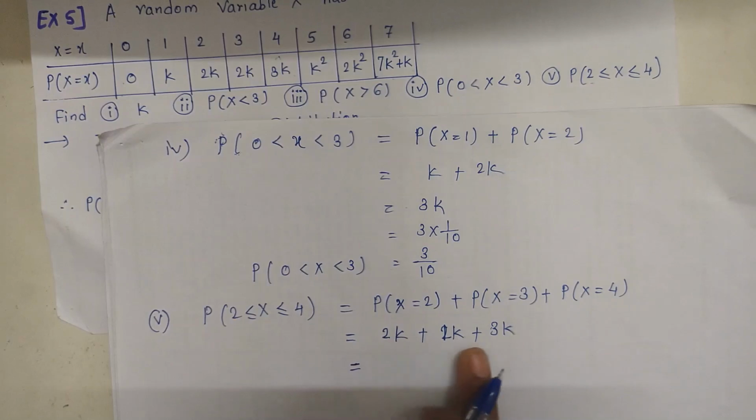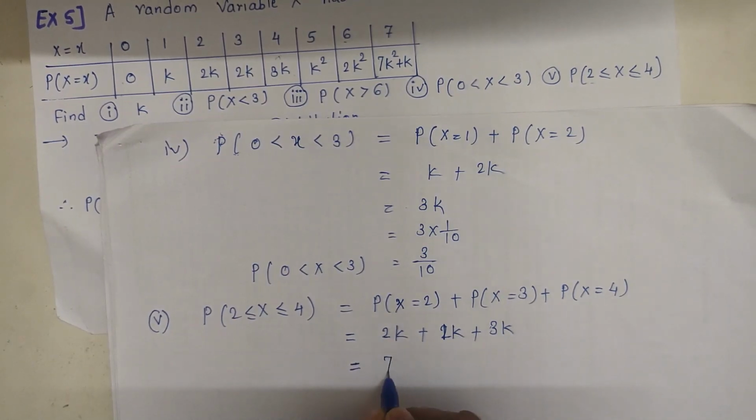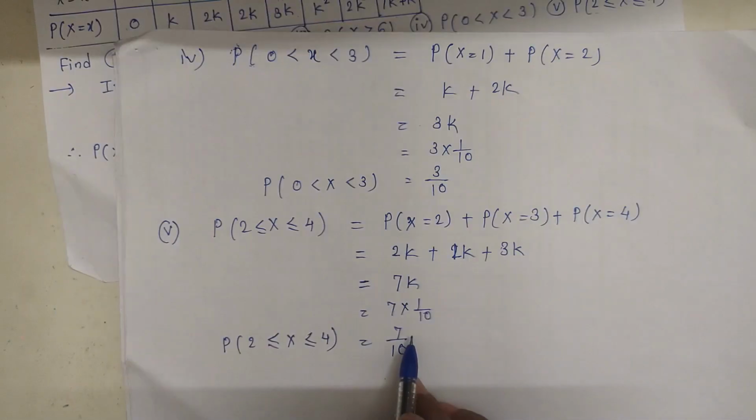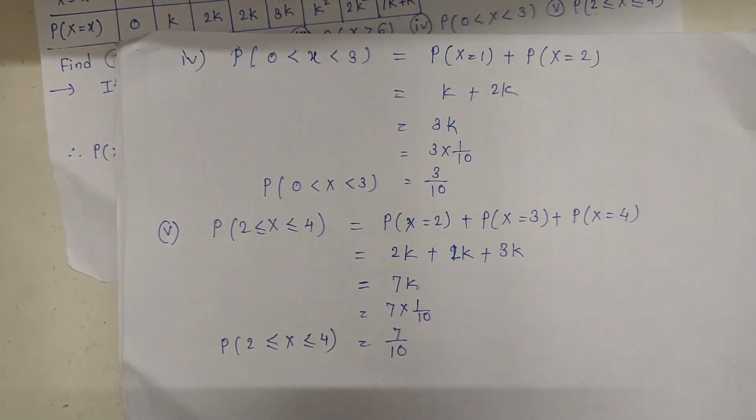The addition of 2k plus 2k plus 3k is 7k. Now substituting the value of k, 1 by 10, is equal to 7 by 10. So the value is equal to 7 by 10.